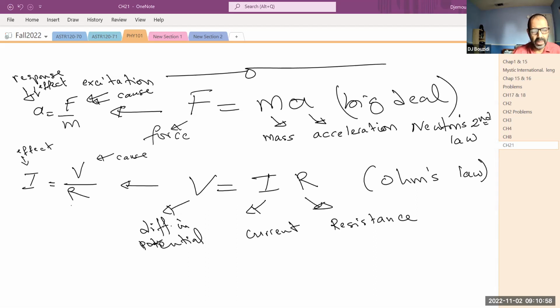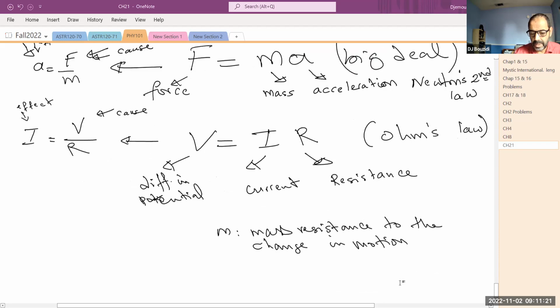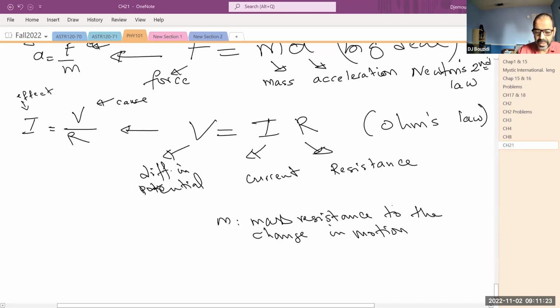The more resistance you have, the less current you're going to have in the circuit. So in a sense, m, the mass, is the resistance to the change in motion. Okay, change in velocity.